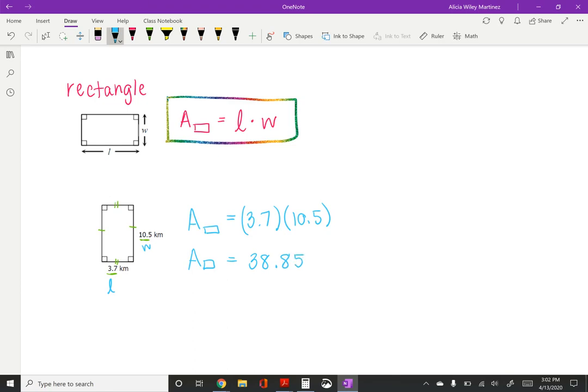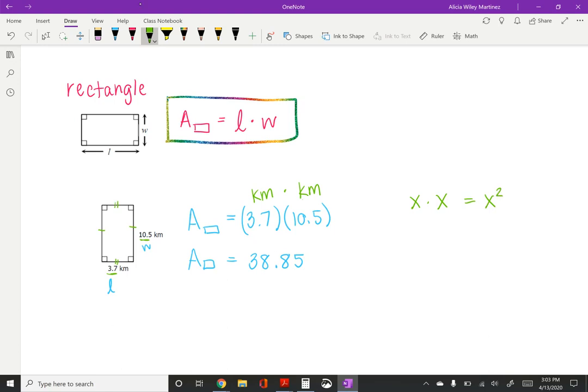Now when we go to label our answer, since our sides are labeled with kilometers, we want to label our answer as well. What you have to remember here is that we're multiplying a kilometer length times another kilometer length. Just like if you had x times x, you would simplify that to x squared.